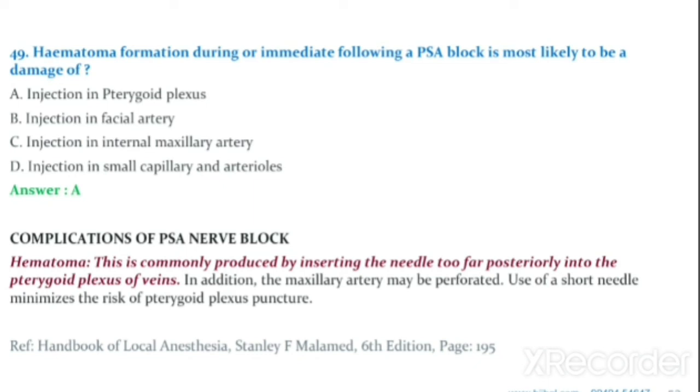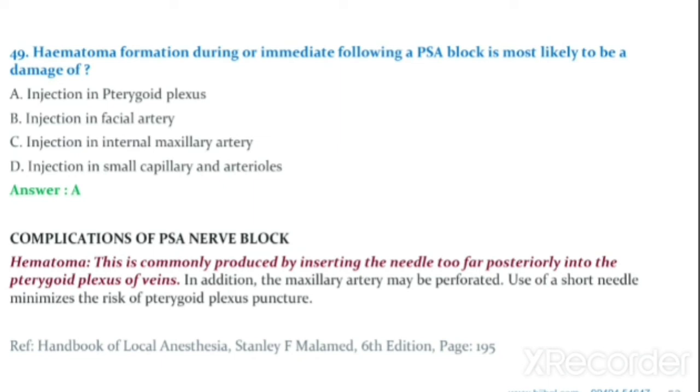The complication of the PSA nerve block is hematoma. This is commonly produced by inserting the needle too far posteriorly into the pterygoid plexus of veins.